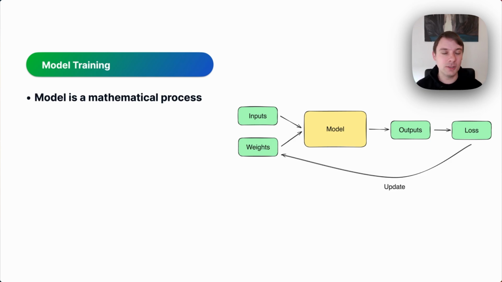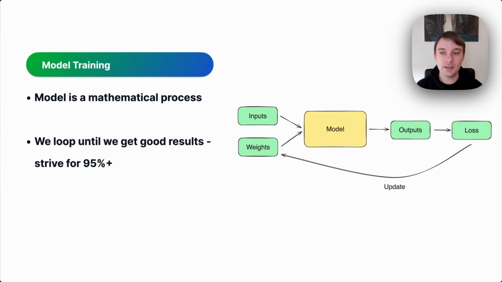And to do that, we assign weights to our models. We can fine-tune these weights to get different results, but in the end, we want to strive for at least 95% or more in our predictions. So we loop this until we get good results.